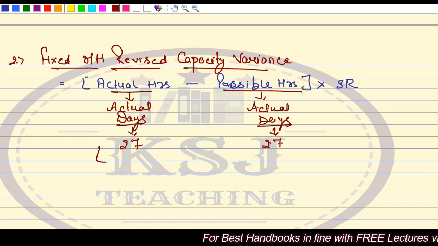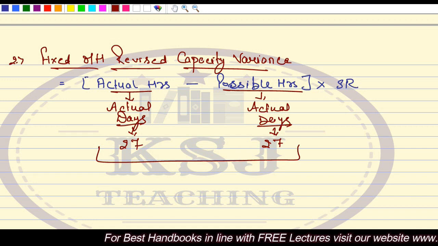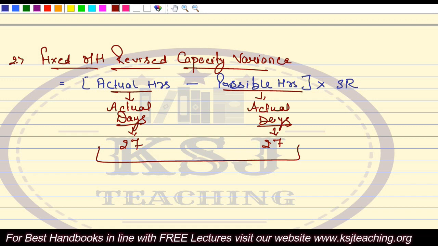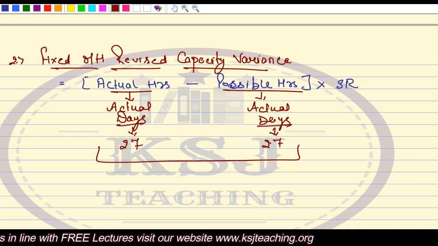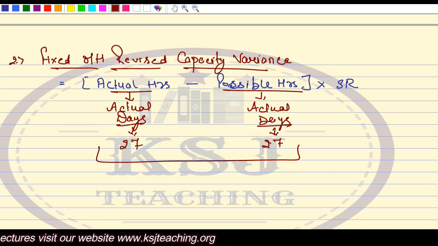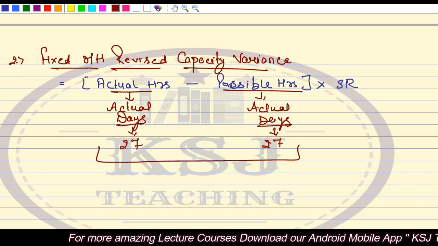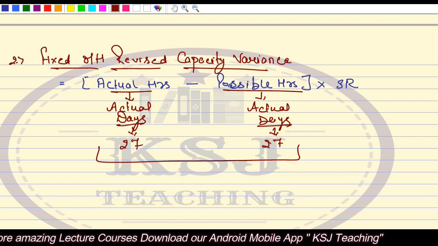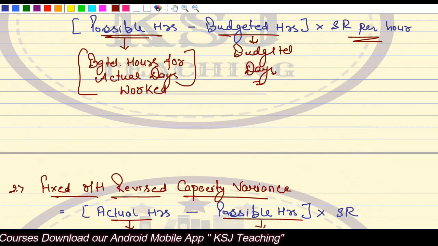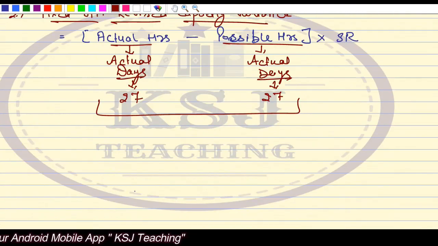Now you can compare and find out whether the worker has achieved more than his capacity or less than his capacity, because we have converted the budgeted hours for the actual number of days that he is working. Now we can judge the correct capacity, multiplied by standard rate. Simple.